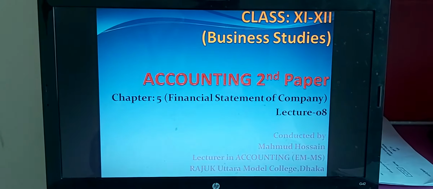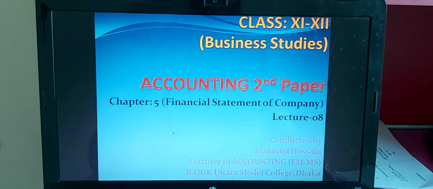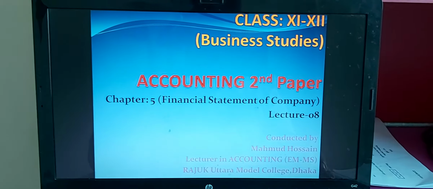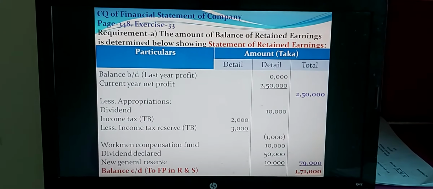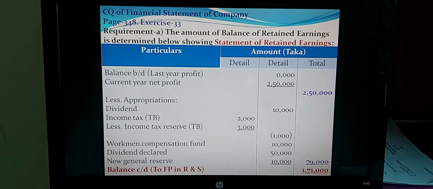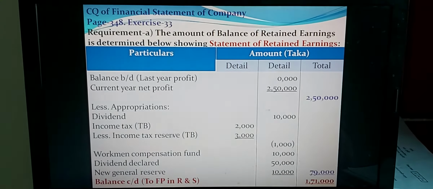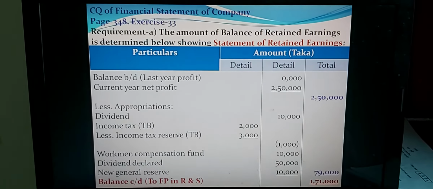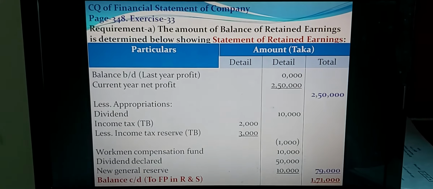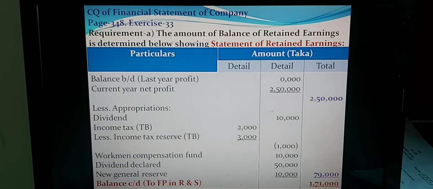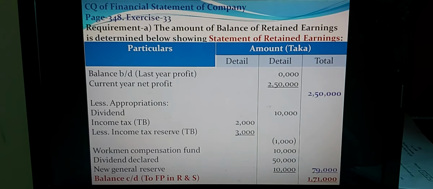Now we can start the solution of creative question number 33 from page number 348. You can see it on this screen. Requirement A, the amount of balance of retained earnings is determined below, showing the statement of retained earnings.